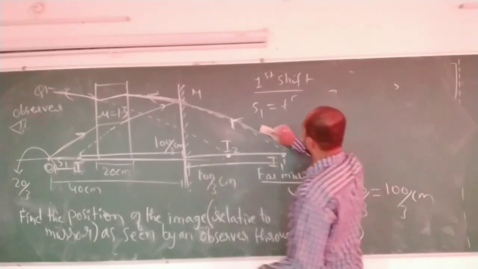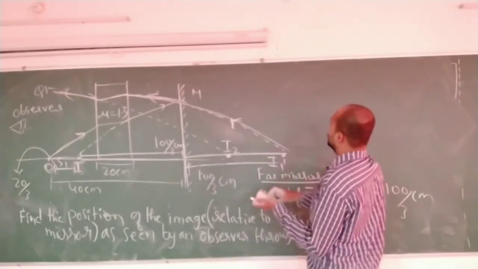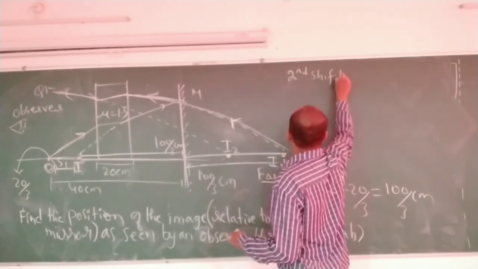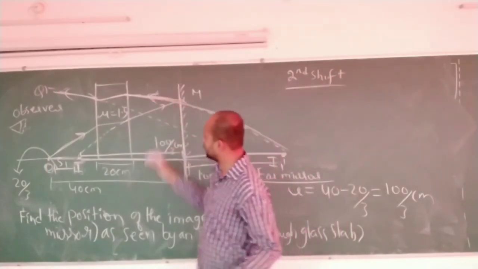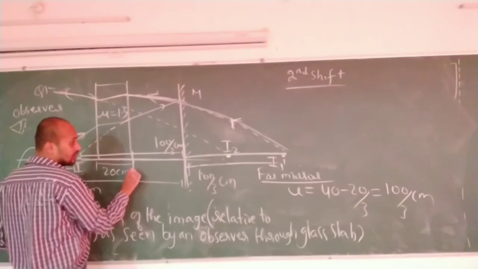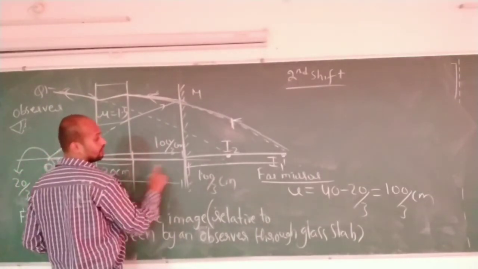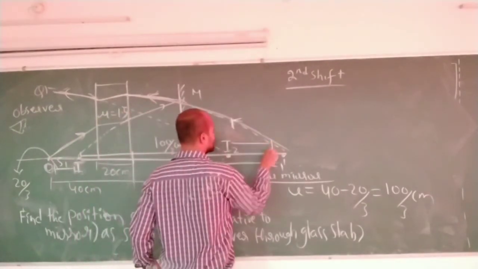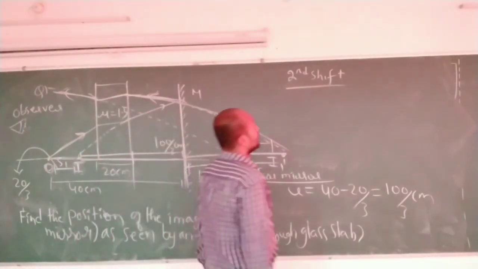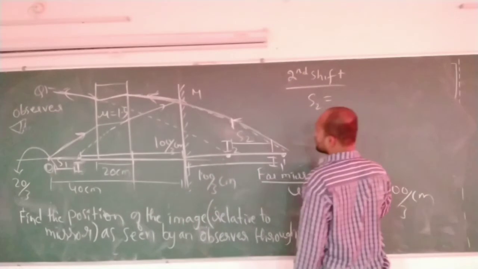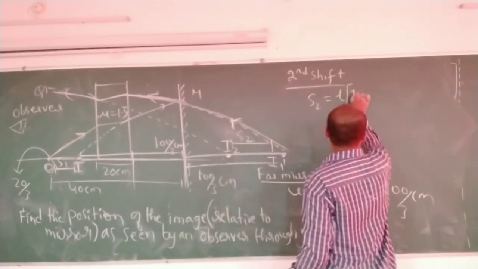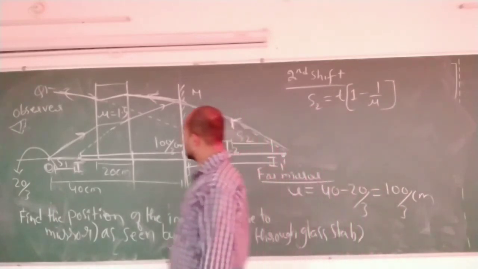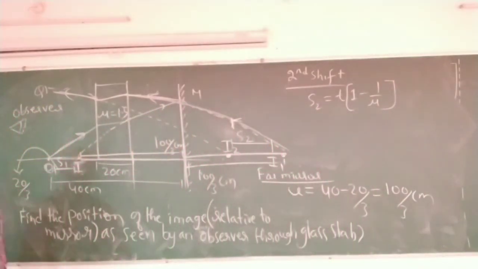For the second shift, I don't want the full depth, I want just this depth. S2. So S2 is given by T into 1 minus 1 divided by mu.